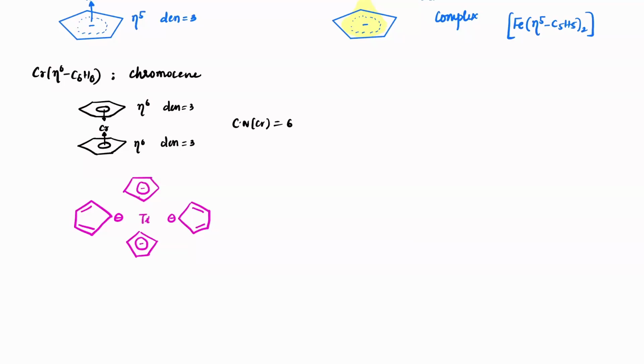So connections are being given from these four ends. So how do we read it, everybody? From here, eta power 5 and denticity is 3. Here also we read it as eta power 5, denticity is 3, correct?